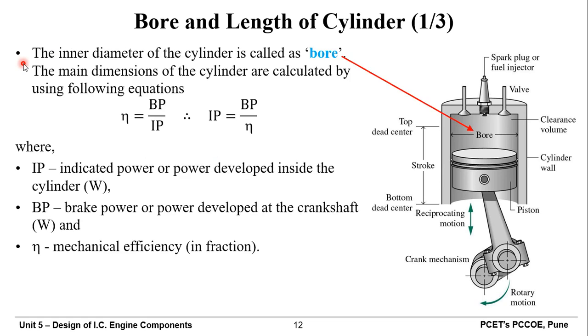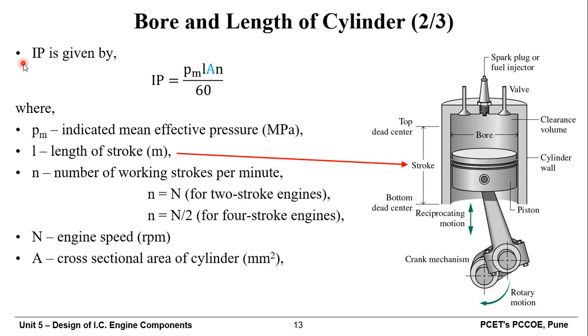Here, if you get the indicated power, then by using the relation of that indicated power, you can find out the cross sectional area of the cylinder, and this is the formula used for calculating that, where IP is indicated power, PM is indicated mean effective pressure.